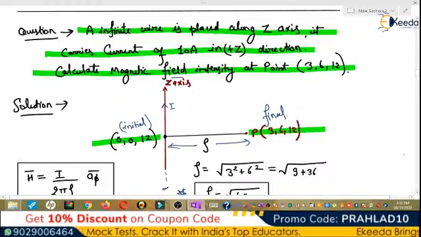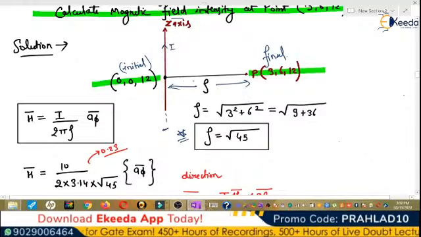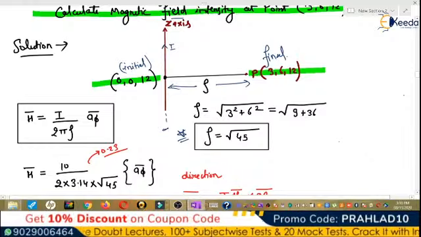So we have to take one initial point here on the z axis. Two coordinates, x and y, are fixed at 0, 0, but for the third we take only 12, so that we can calculate the perpendicular distance. So the value of rho is square root of 3 square plus 6 square, which comes as square root of 9 plus 36. So rho is square root of 45.